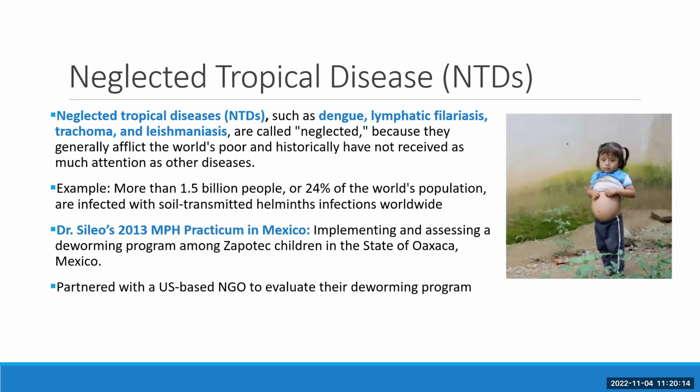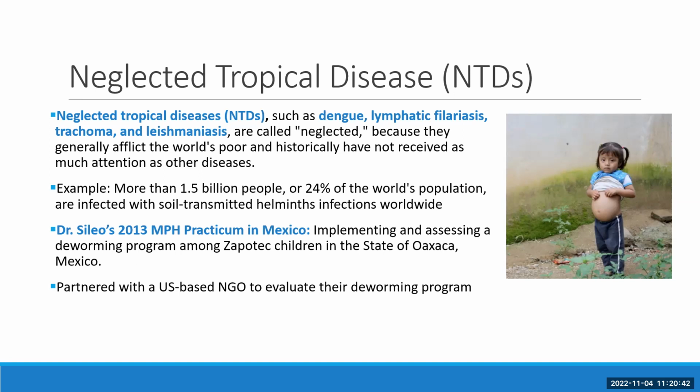One other thing to know for the exam, I note there that you should know why we call NTDs neglected tropical diseases. We've talked about this not just in the environmental lecture, but it came up in nutrition, it came up in child health, right? Examples of them are things like dengue fever or intestinal parasites, which the child pictured in this image is suffering from.